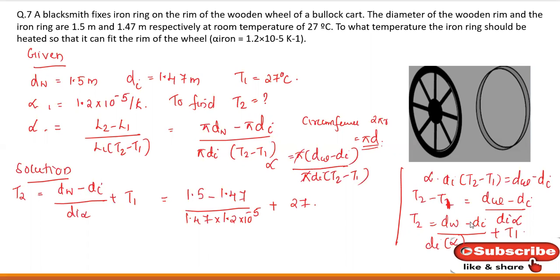On solving this, we will get 1700.7 plus 27, that is equal to 1727.7 degrees Celsius. By heating to this temperature, the iron ring will get fitted to the rim of the wheel.